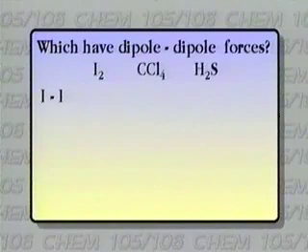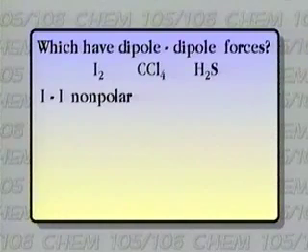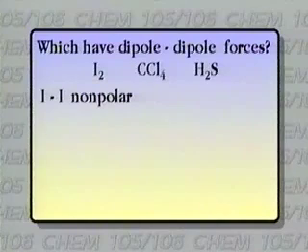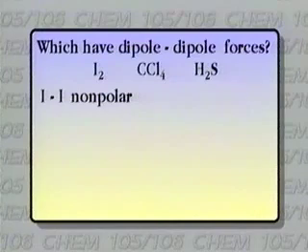The only way we can hook two iodines together is in a straight line. And obviously, two iodines are going to share the pair of electrons exactly equal, and so there's no polar bond. If there's no polar bond, we can't have a polar molecule. So this is nonpolar. If it's nonpolar, it can't have a dipole-dipole force.